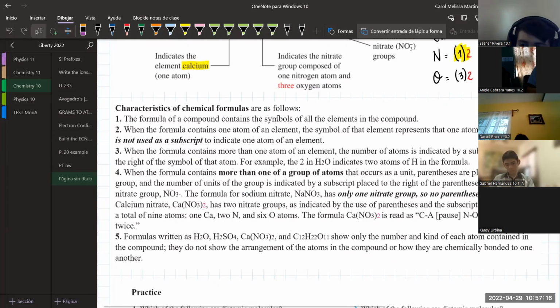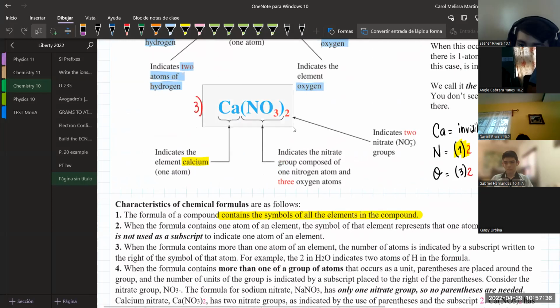Then we have these characteristics for chemical formulas. What do they contain? They contain the symbols of all elements in a compound. So this chemical formula contains the 3 symbols that make up the compound.